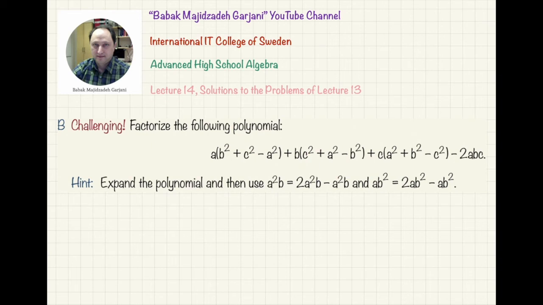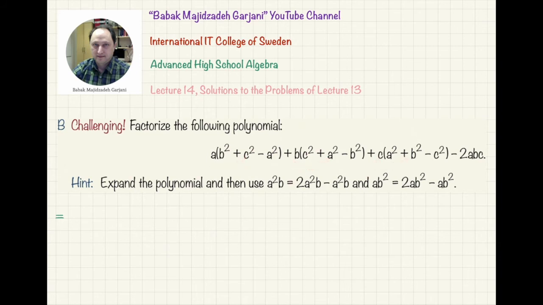First of all, by the way, these two facts are correct, yes? 2a squared b minus a squared b is indeed a squared b, and 2ab squared minus ab squared is indeed ab squared. Okay, so I would expand, as I mentioned. Expand means I multiply this here, here, and then there.